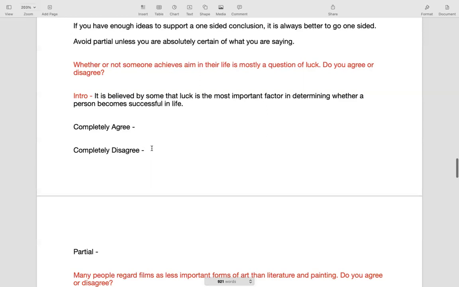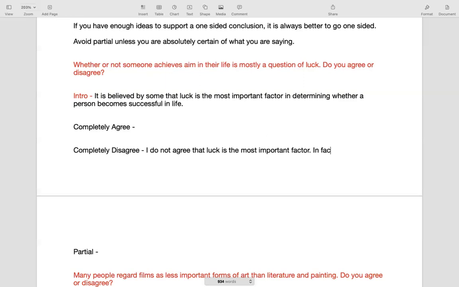I think hard work and dedication is the only way to succeed. Okay, they are the most important. You believe the most important factor is not luck, but actually what? Hard work. So write that: I do not agree that luck is the most important factor.